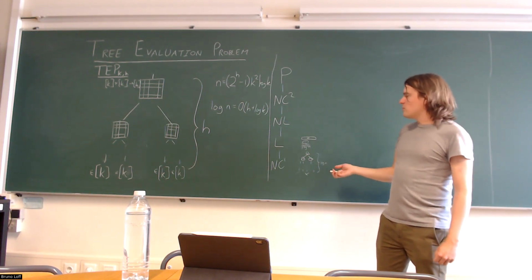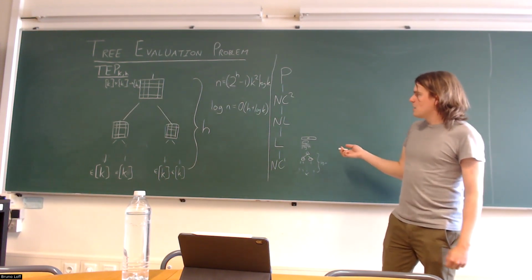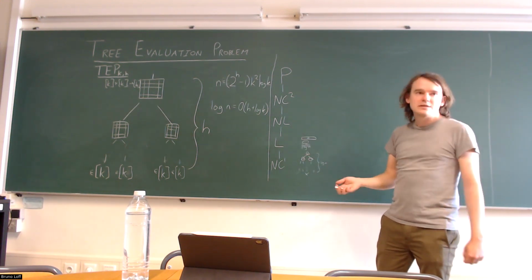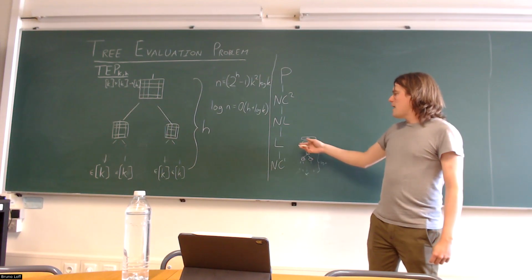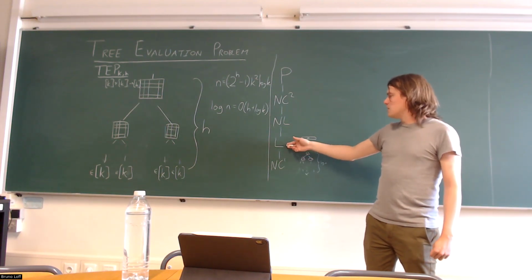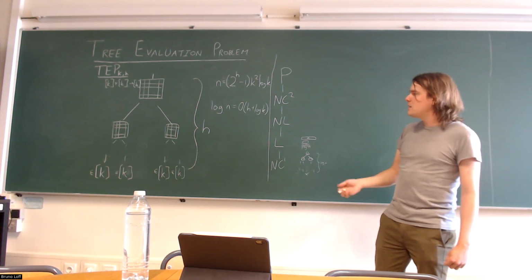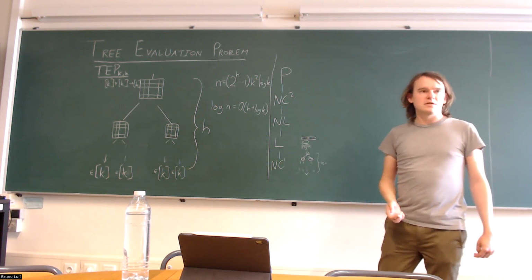And then in between, we have a couple of classes. We've got NC2, which is the same thing but with log squared depth and polynomial size, and then we have space-bounded classes like L, log space, Turing machines where the work tape is logarithmically bounded, and NL, the non-deterministic variant of it.